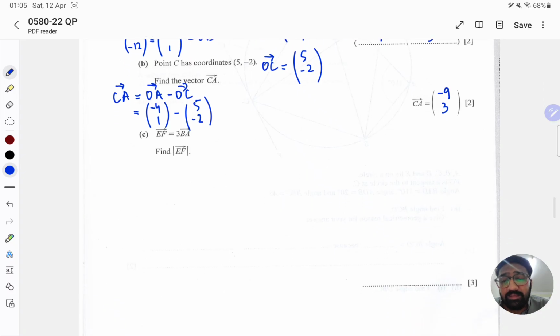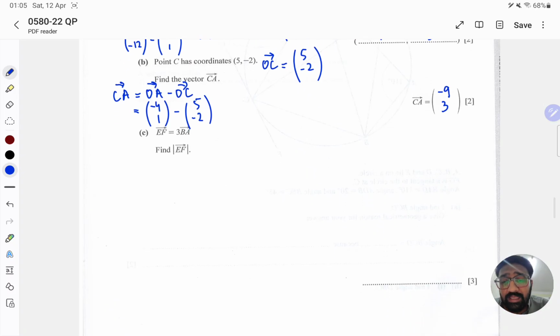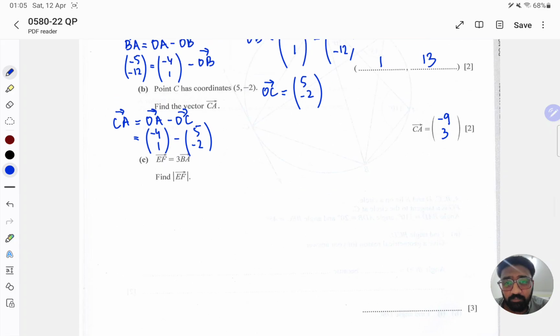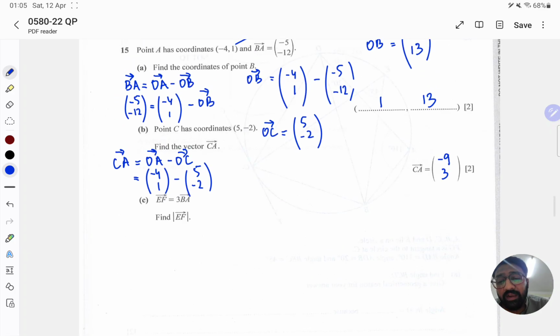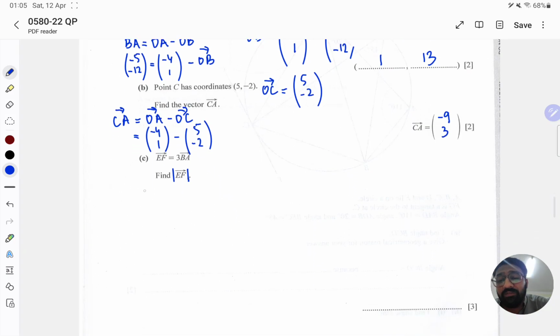In the next part he says that EF vector is equal to 3 times BA. Okay, we need to find the magnitude. Please be very careful. He's asking you to find out the magnitude of EF. He's not just asking you to find the vector EF, he's further asking you to find the magnitude of it. So let's first find out the vector EF.